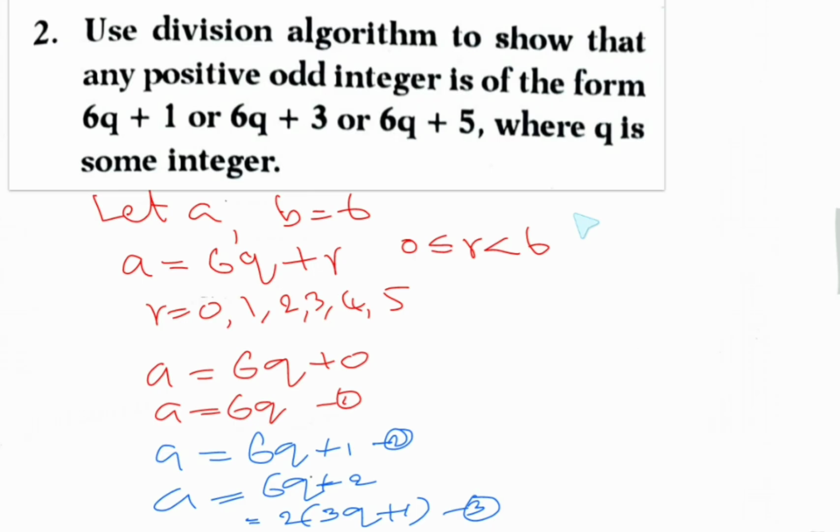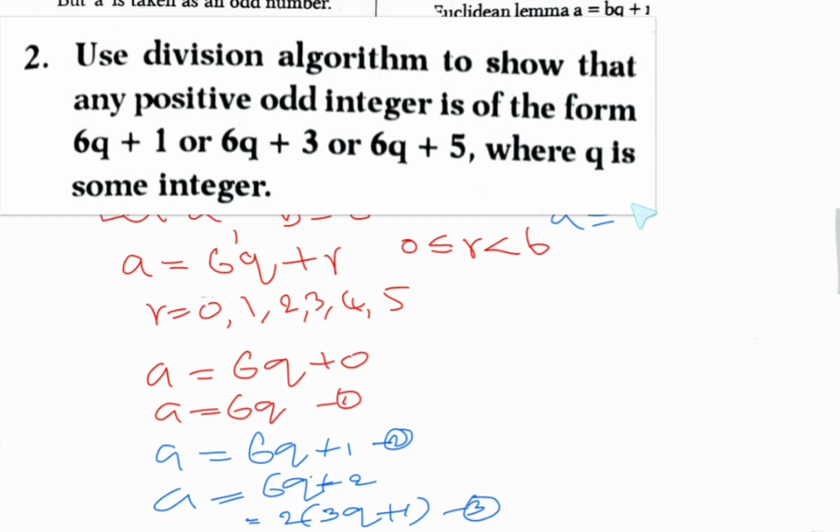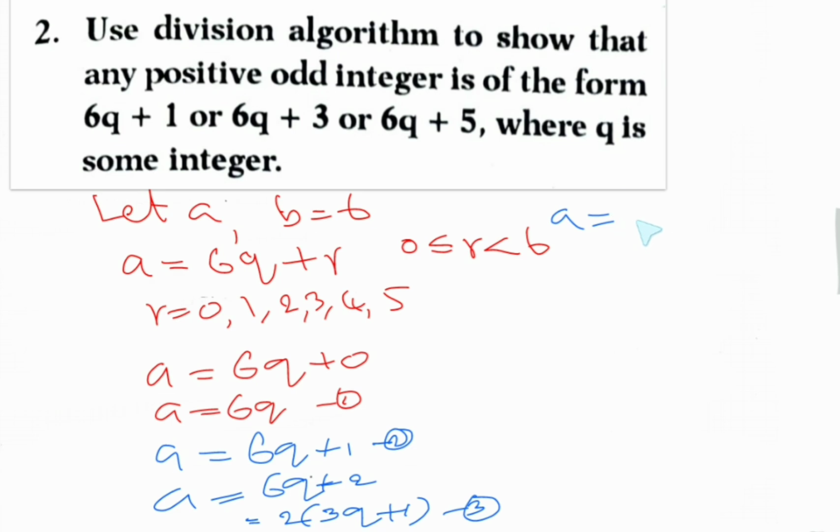And a is equal to 6q plus 3. This is number 4.